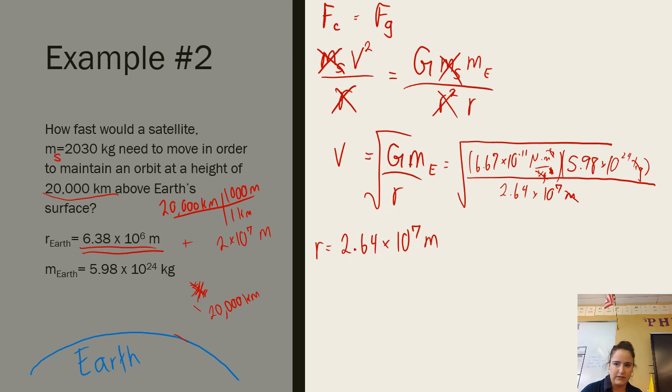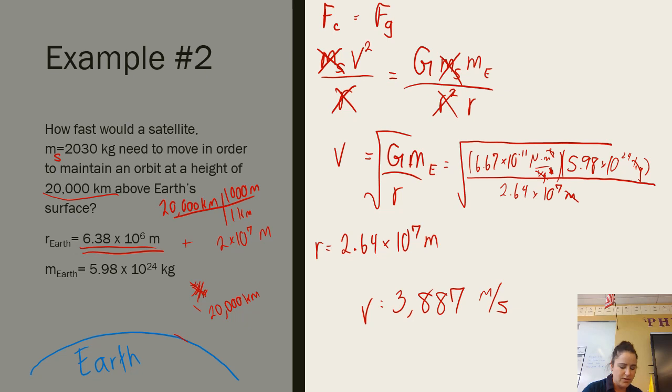5.98 times 10 to the 24th divided by 2.64 times 10 to the 7th, and then we take the square root of that, and we get a velocity of 3,887 meters per second. So about 3,900 meters per second. Does that seem reasonable? When in doubt, ask Google. What's the average speed of a satellite?